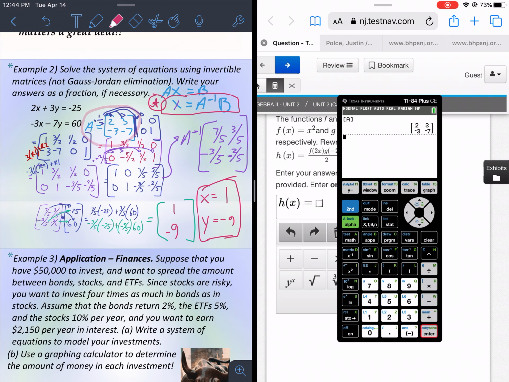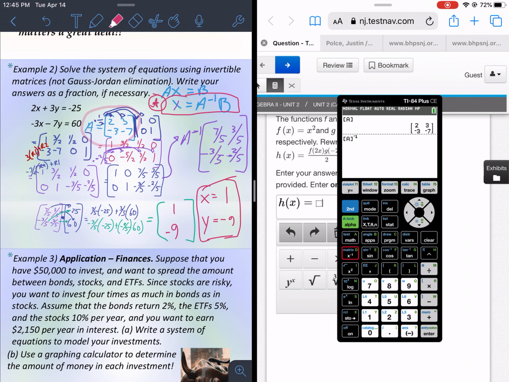But remember, our first step in example 2 was to find the inverse. Now, I'm going to press second matrix and then A again. But in order to find the inverse, you cannot press caret negative 1. Instead, the matrix button says x to the negative first.